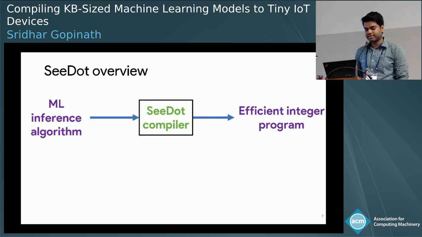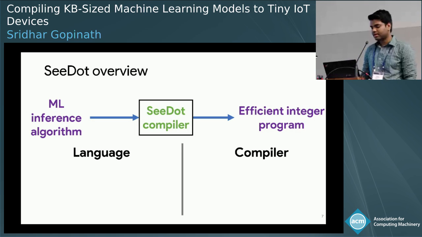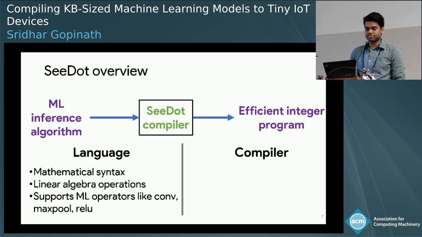SeeDot is a framework which takes as input an ML model or an ML inference algorithm. The SeeDot compiler generates integer programs which run efficiently on IoT devices. There are two main aspects of SeeDot, the language and the compiler. The SeeDot language can be used to express ML algorithms in very few lines of code.